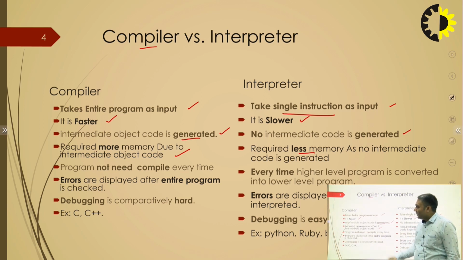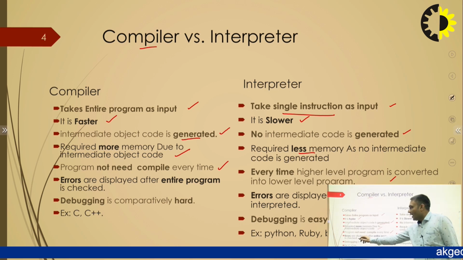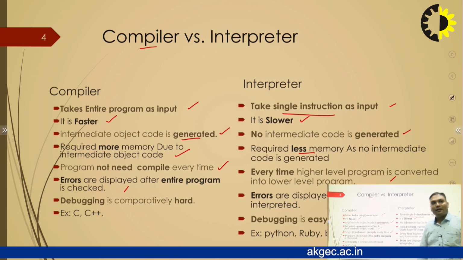Here in case of compiler, the program need not be compiled every time, but in case of interpreter, every time the higher level language program is converted into the lower level program, so it is also a burden on the interpreter. Errors are displayed after the entire program is checked. Here error messages get displayed after reading a single line or every instruction when it is interpreted.